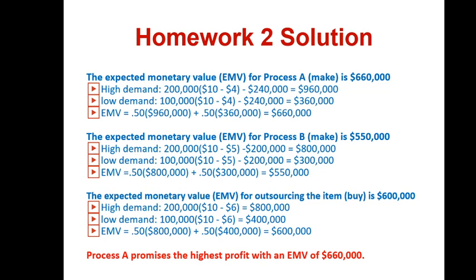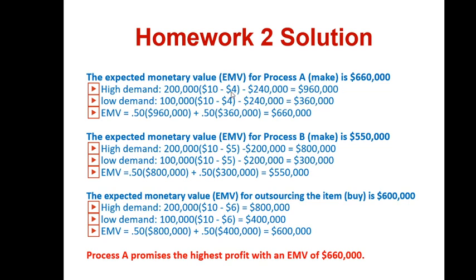You have here the solution. I make the solution for you in an easy way. The same in high demand, for example, the company is expected to sell 200,000 units. It's units, by the way, I'm sorry. Multiply by 10, which is given in the example as the selling price per unit, minus the cost per unit.